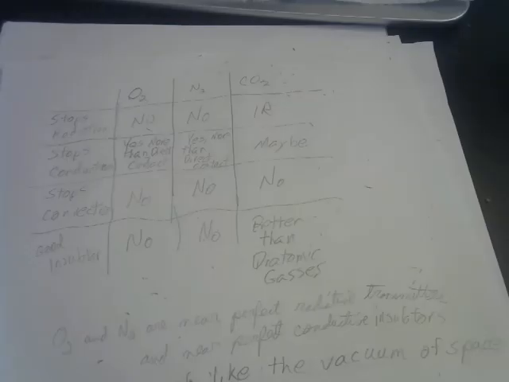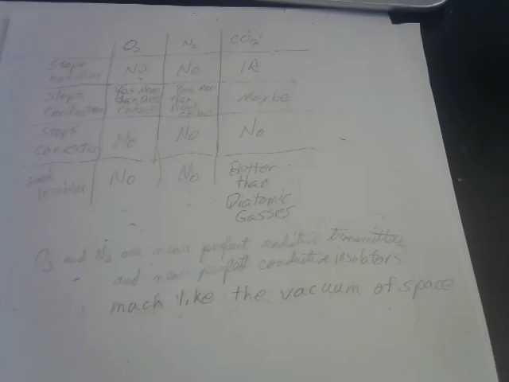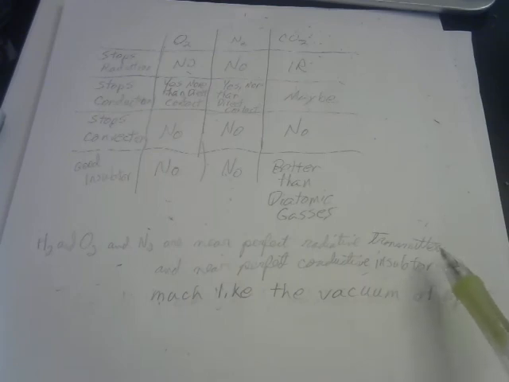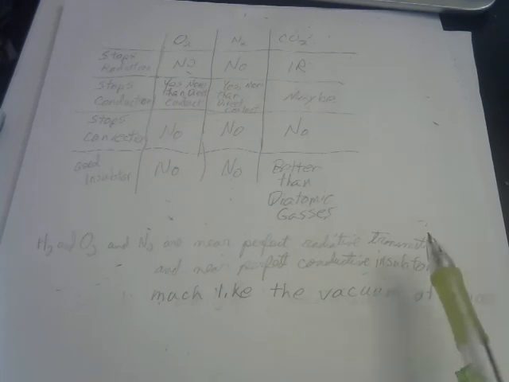so let's just summarize that. Oxygen and nitrogen, the diatomic molecules, and I would probably put H2 in this category as well, are near perfect radiative transmitters, which means that any color of light can go right through them without being stopped at all.